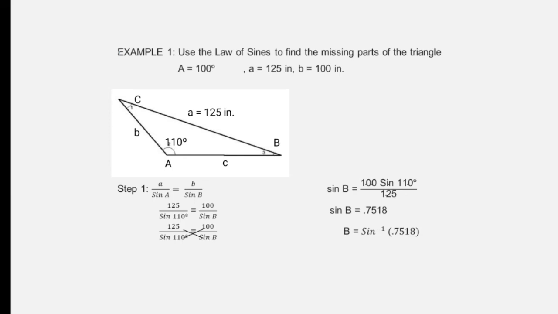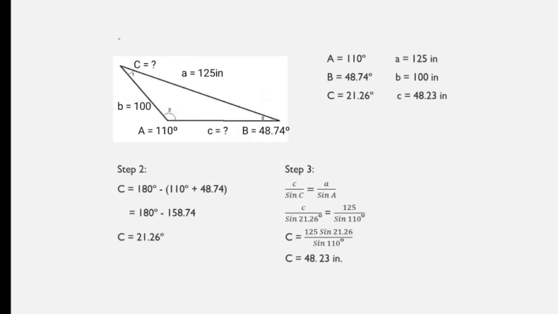Since we already have angle B, our problem now is to find angle C and side c. In our second step, we already have angles A and B, and sides a and b. What we're looking for are angle C and side c. It's easier to find angle C, because using the theorem in a triangle, the sum of the interior angles of a triangle is equal to 180 degrees.